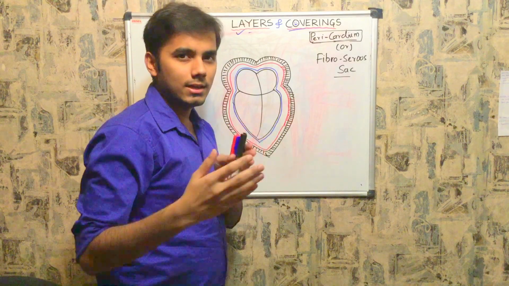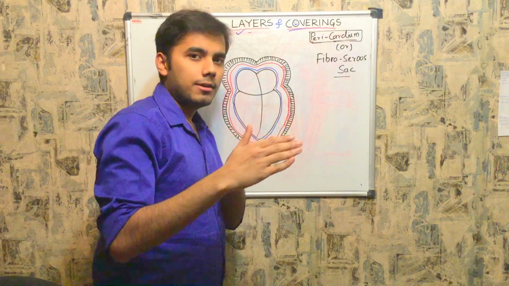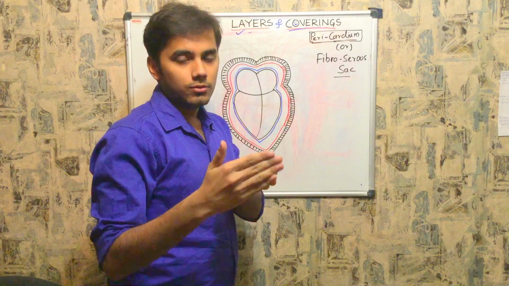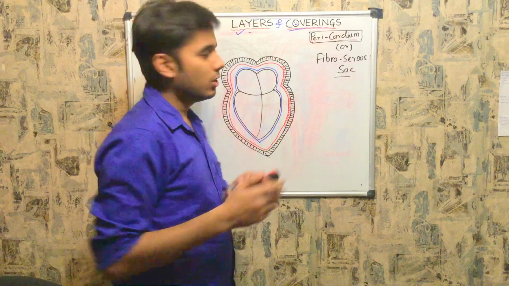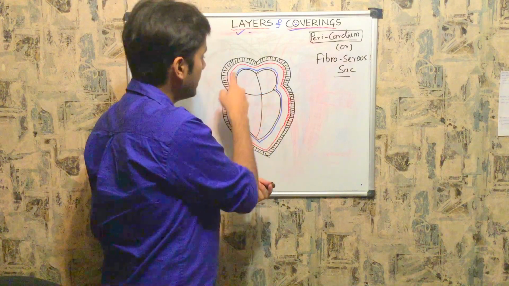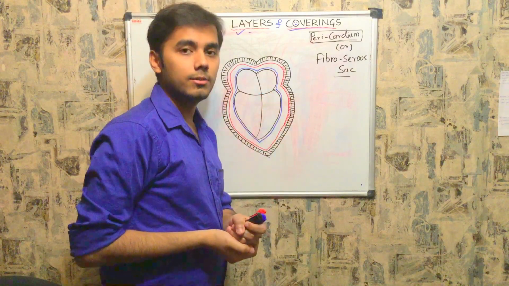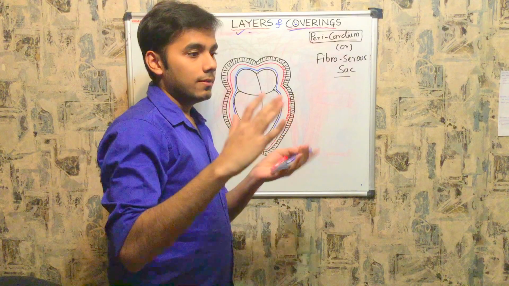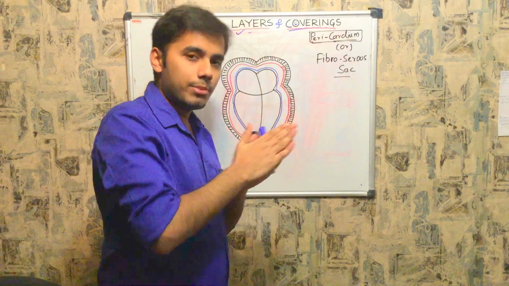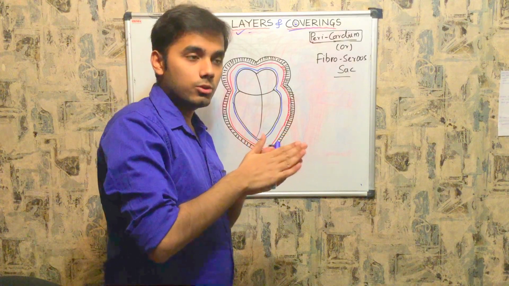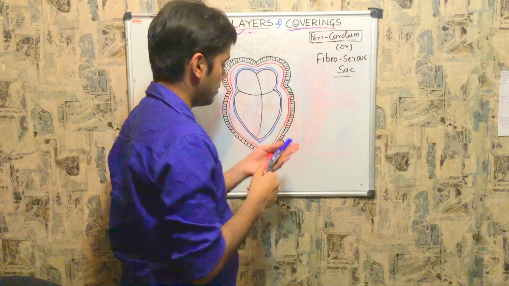Sometimes we find a clear demarcation between the epicardium and the visceral serous pericardium, and sometimes we don't find any demarcation. So you sometimes call this visceral serous pericardium the epicardium itself, because it is completely appressed to that, so that you cannot find any demarcation, right?